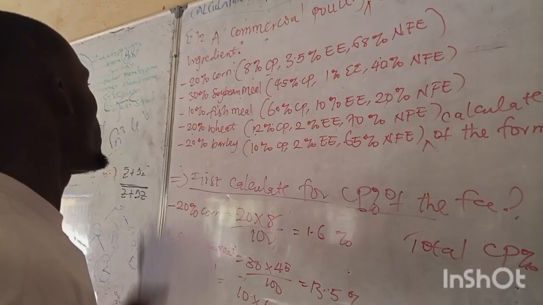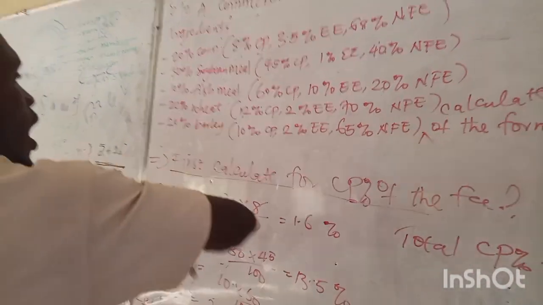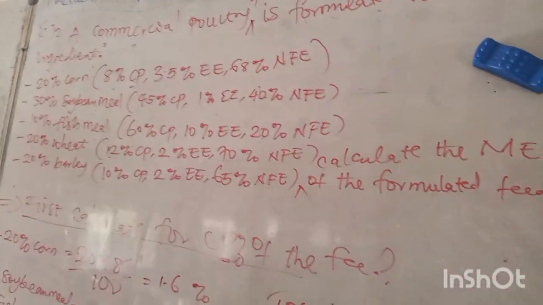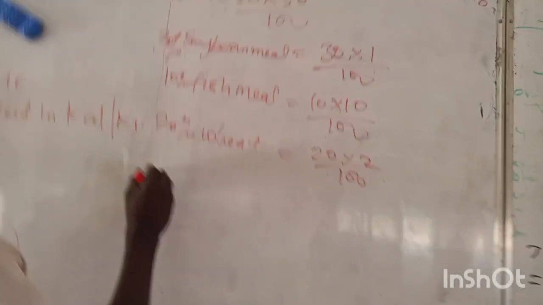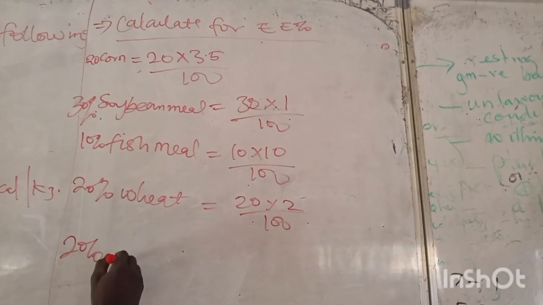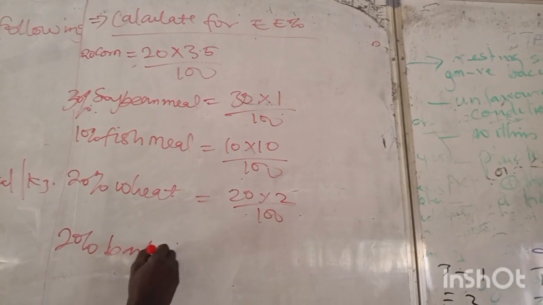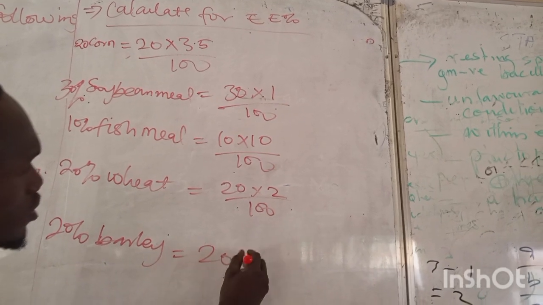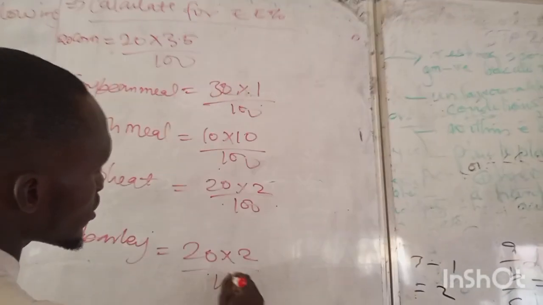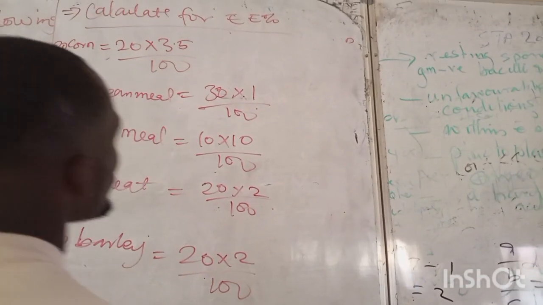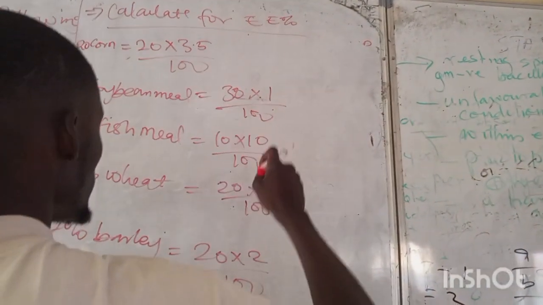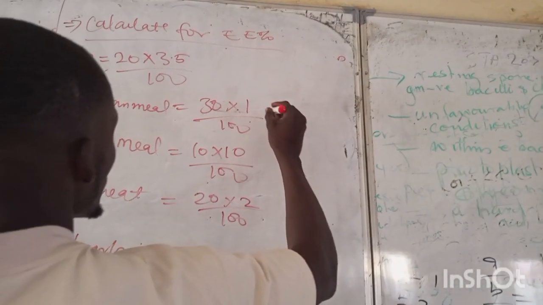And when we come back here, we come back to barley. Barley here is 20% and the EE is also 2%. So we are going to have 20% of barley equals 20 times 2 divided by 100. So when we come here, we said 30 times 1 is equal to 30 divided by 100.